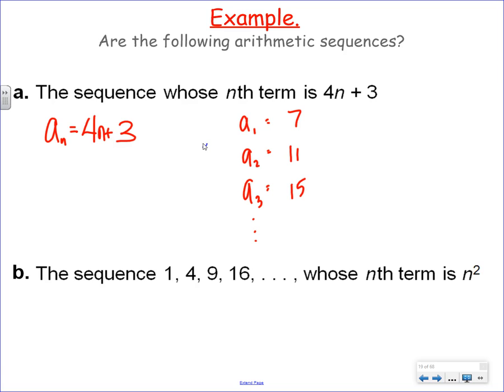How could you look at the nth term formula and actually figure out that this is an arithmetic sequence also? How could you look at the formula? 4 times 1 plus 3, 4 times 2 plus 3, 4 times 3 plus 3. There's a constant. The plus 3 always stays the same. The 4 always stays the same. Where is the change happening? The multiplication.